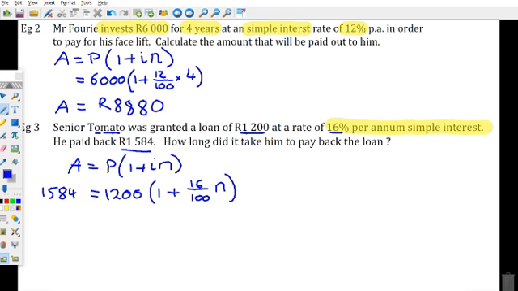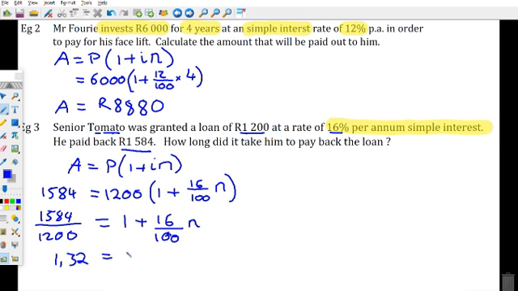So we're going to say 1,584 divided by 1,200 is equal to 1 plus 16 over 100 n. Right, so over here I get 1.32 is equal to 1 plus 16 over 100 n.